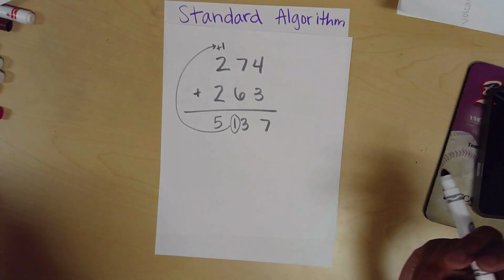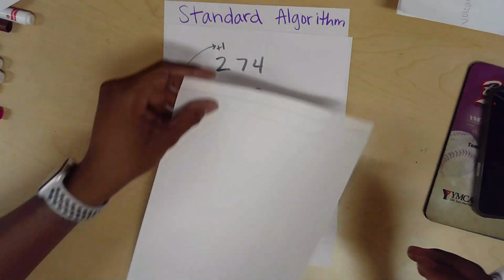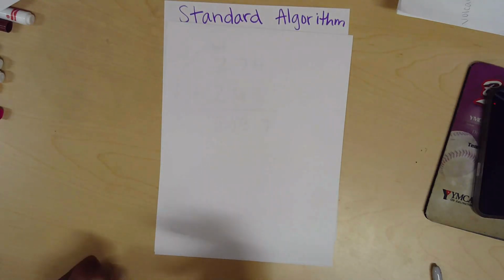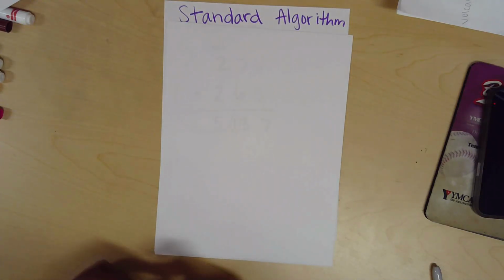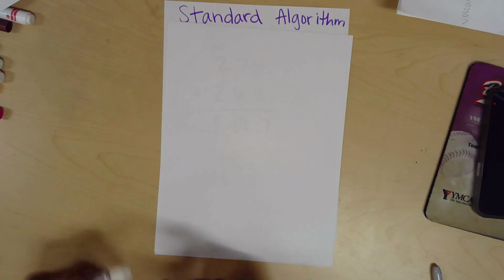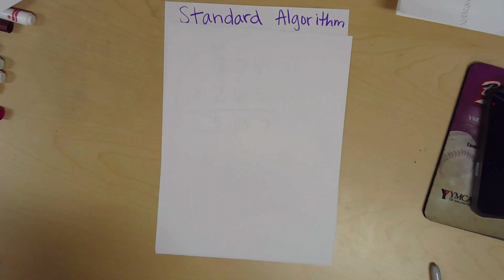Not that that's what you're saying, but that's why we want to. I don't really think I need to do a standard algorithm. But yes, that is the different ways that we solve addition problems. Thank you.